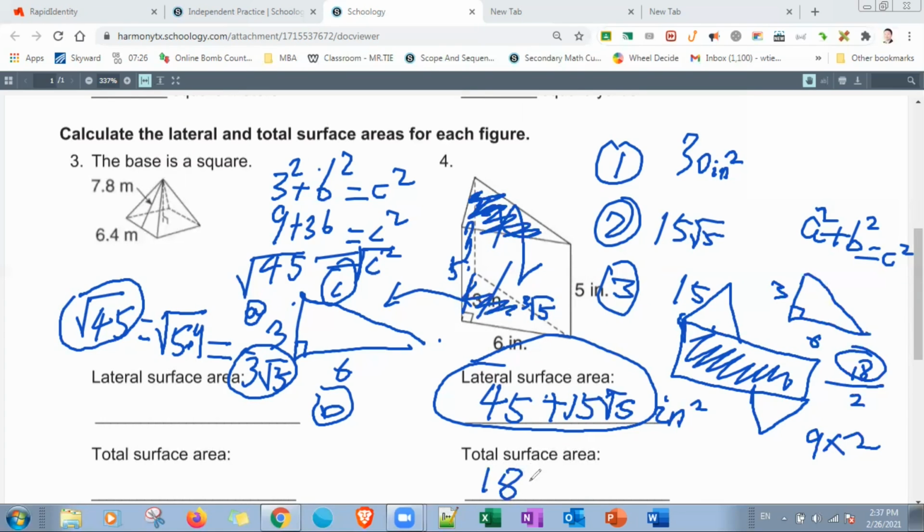Total area is 18 plus all that, 45 plus 15 square root 5. So that should be equal to 63 plus 15 square root 5. That should be the answer for the total area, okay? Inches square again.